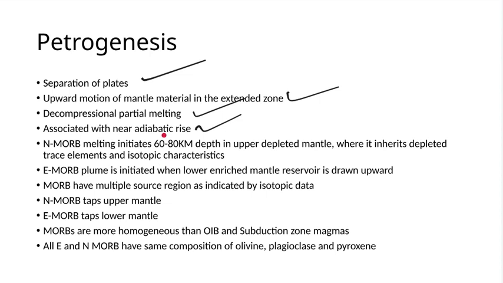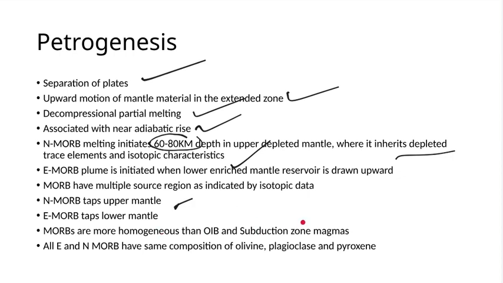N-MORB melting initiates at 60 to 80 kilometer depth, that is in the upper mantle, and is depleted in trace elements. E-MORB plume is initiated from the lower enriched mantle.